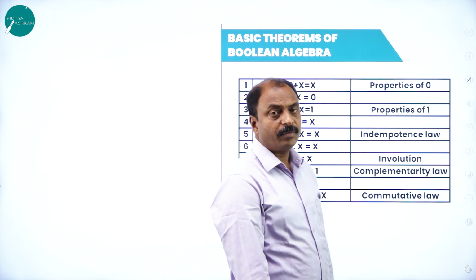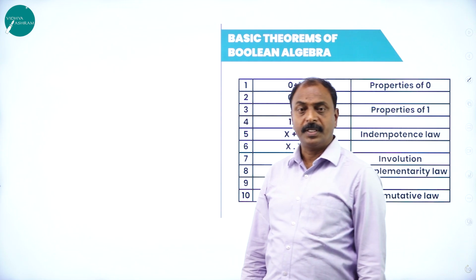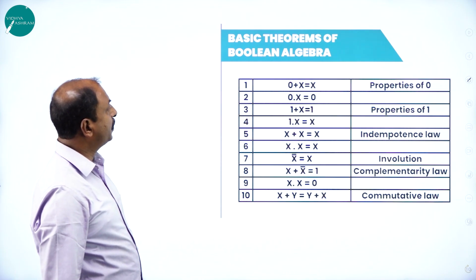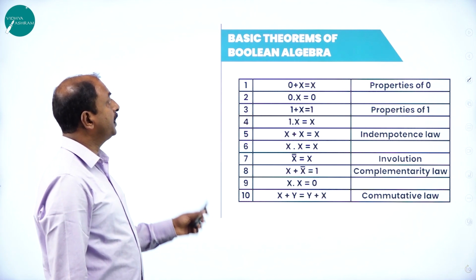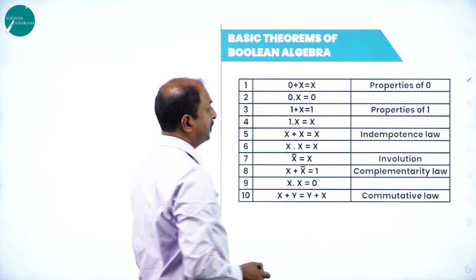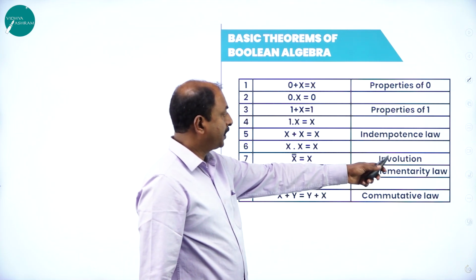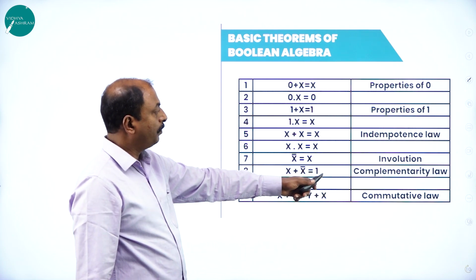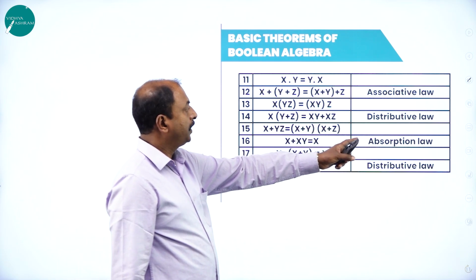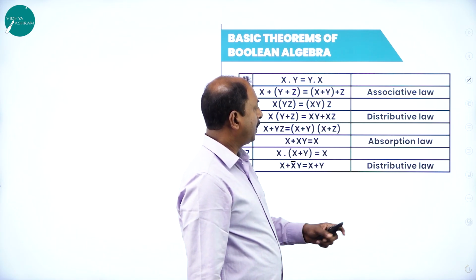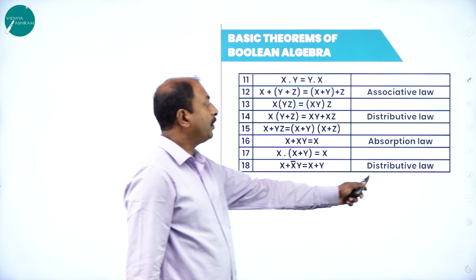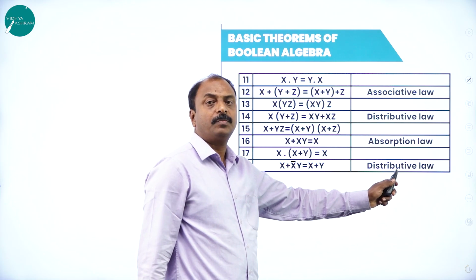Now in the next slide we will see the different theorems in Boolean algebra. In Boolean algebra we will come across different Boolean theorems. They start with properties of 0, properties of 1, idempotency law, involution law, complementarity law, commutative law, associative law, distributive law, absorption law, and another form of distributive law, called the third distributive law.